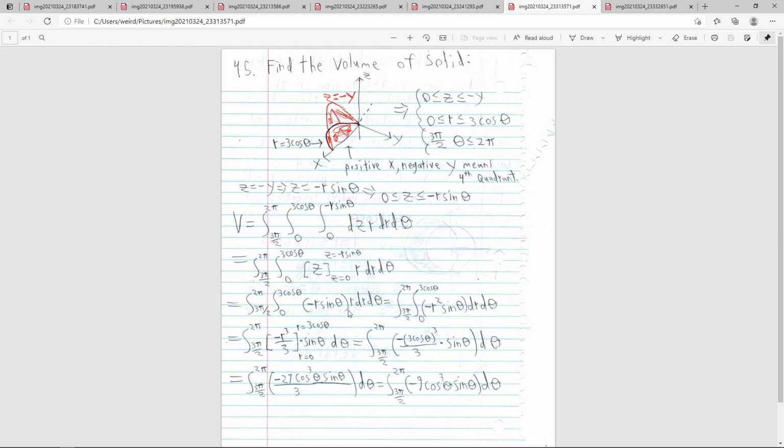So we first do that. We get negative r sine theta times r dr d theta, so negative r squared sine theta dr d theta. We just integrate that: negative r squared is integrated, sine theta can be left out. So you get negative r cubed over 3, evaluated from 0 to 3 cosine theta, so it'll just be negative, in parentheses, 3 cosine theta cubed divided by 3, times sine theta.